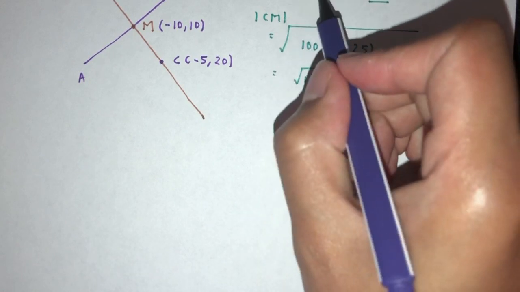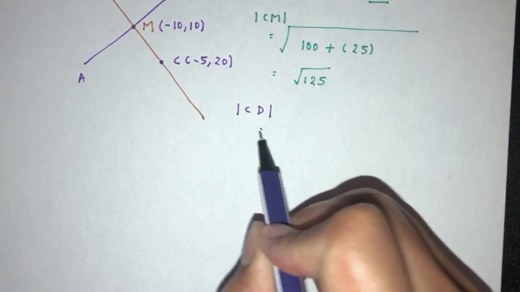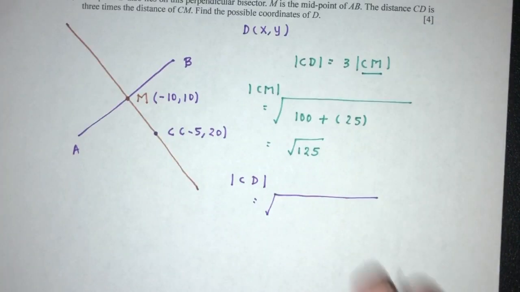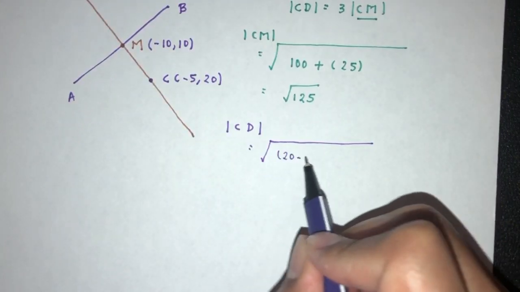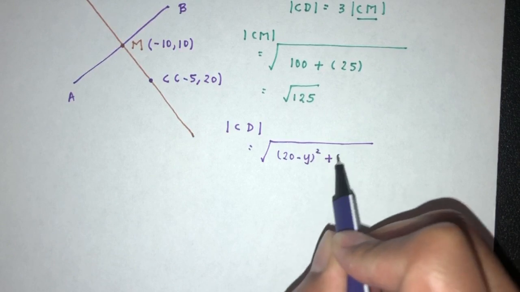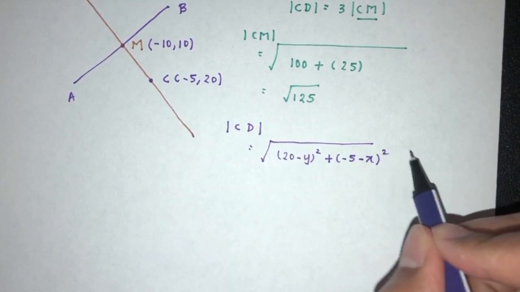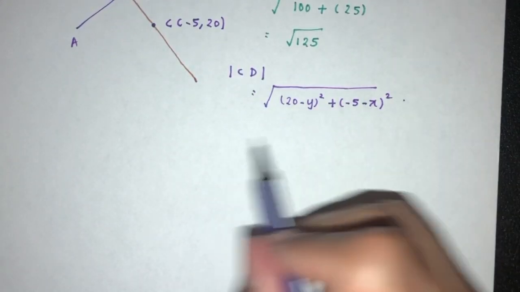Now same way, for this one, CD, it will be root of, because D we don't know, right, it is xy, we just do the same procedure. So here we have y2 minus y1, so 20 minus y squared plus x2 minus x1 squared. This will be the length of CD. So let's leave this like that for now, and replace back in our main equation.